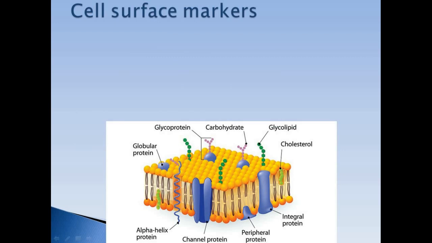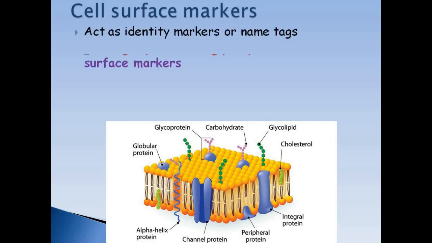So the first topic is cell surface markers. Remember, on the outer surface of the plasma membrane, proteins and lipids are attached to carbohydrates. If the carbohydrates are attached to proteins, these are called glycoproteins, and if attached to lipids, they are called glycolipids.